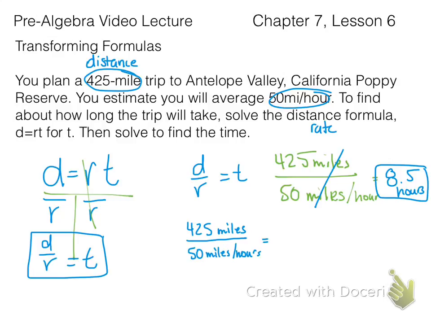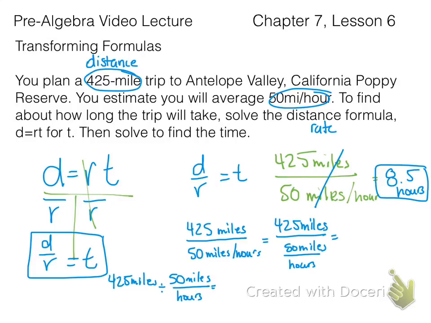The only thing is, how does this work? Miss, hours are on the bottom. How does that work? Even if you didn't think that, I need you to know anyway. Here's the problem again: 425 miles divided by 50 miles divided by hours. Well, that looks like this: 425 miles divided by 50 miles over hours.